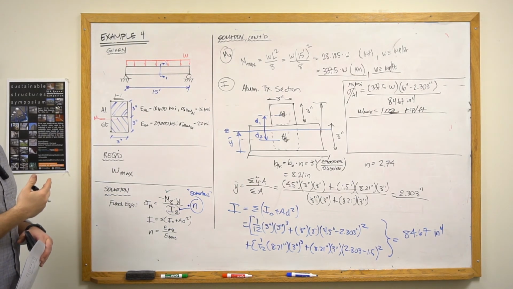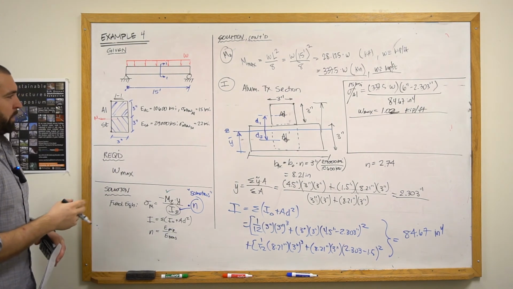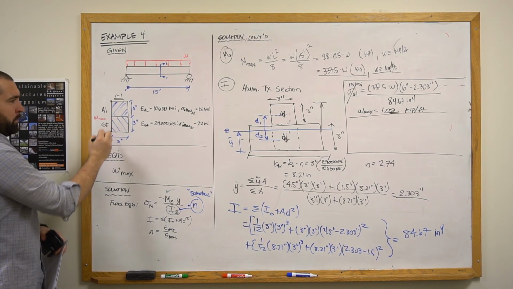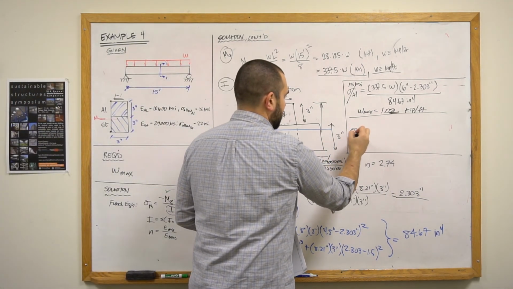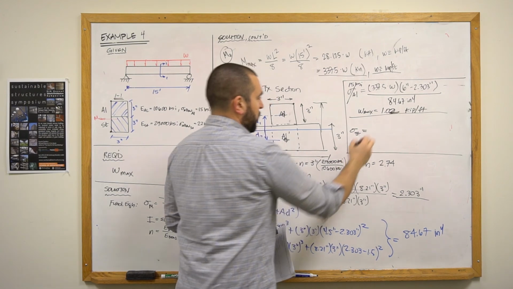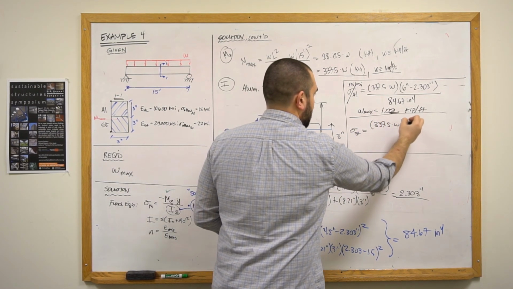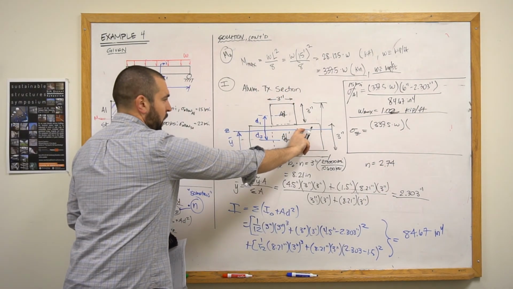And that might happen before the steel reaches its allowable limit, but we need to actually do the math to figure that out. And so I'm going to calculate the stress at the bottom down here by calculating the normal stress in the steel as equal to the moment, which is the same 337.5 times W, and its distance is just the Y bar value.